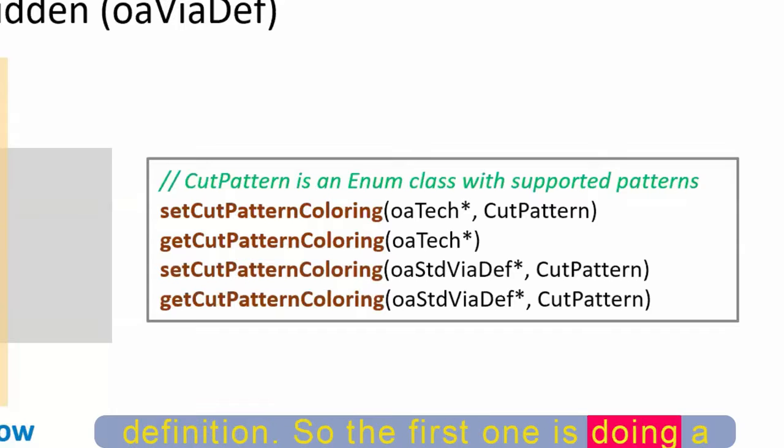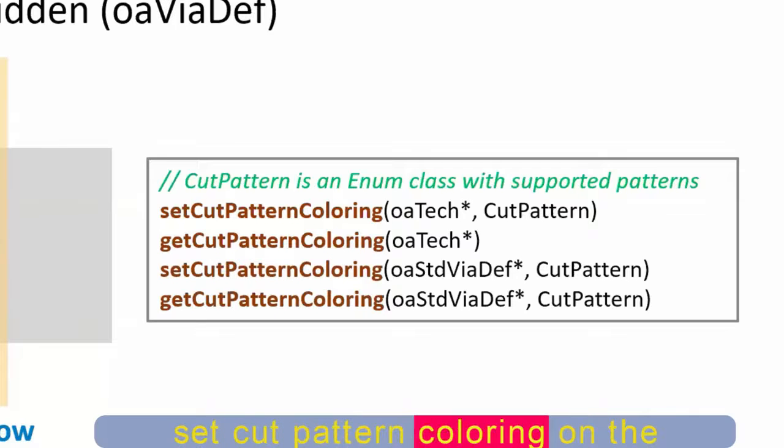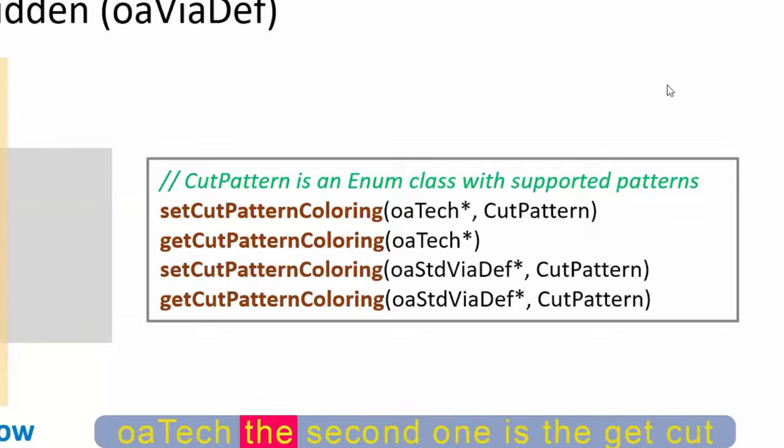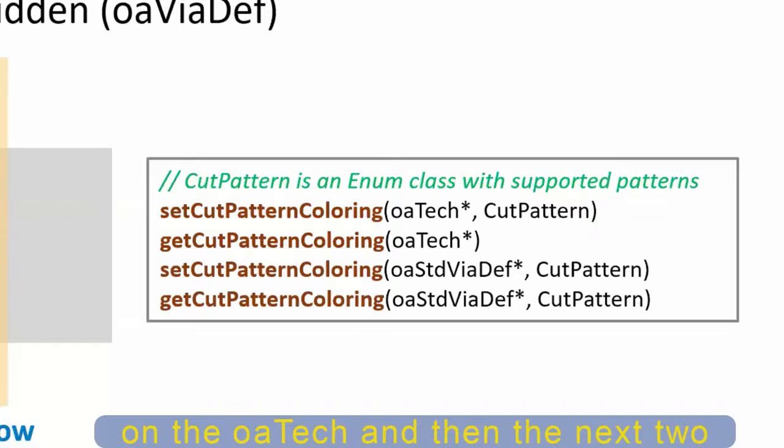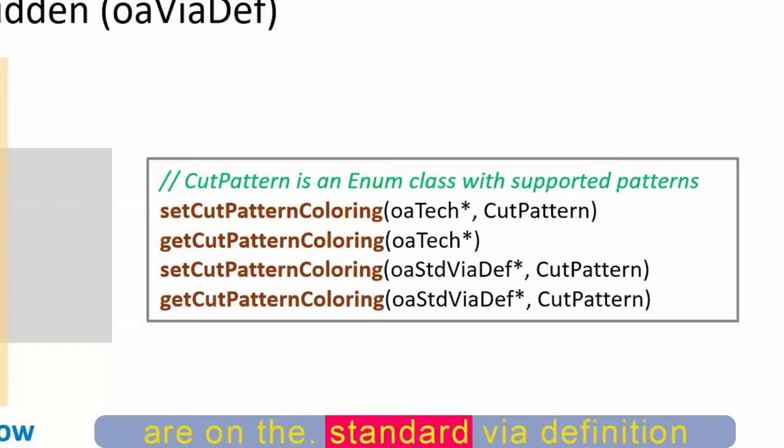The first one is set cut pattern coloring on the OA tech. The second one is get cut pattern coloring, again on the OA tech. And then the next two are on the OA standard VR definition.